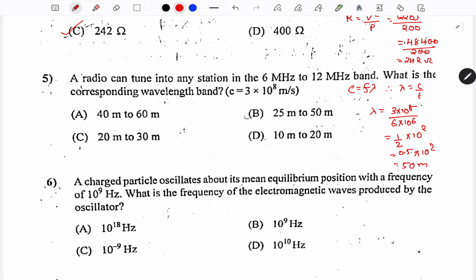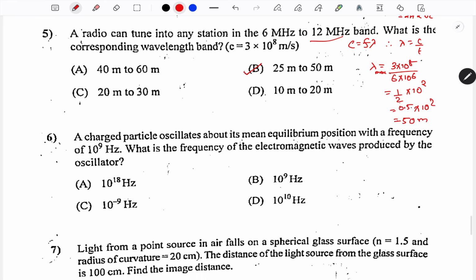This will be lambda maximum, but among the given options it satisfies only B, so we don't have to calculate for the other 12 MHz frequency.